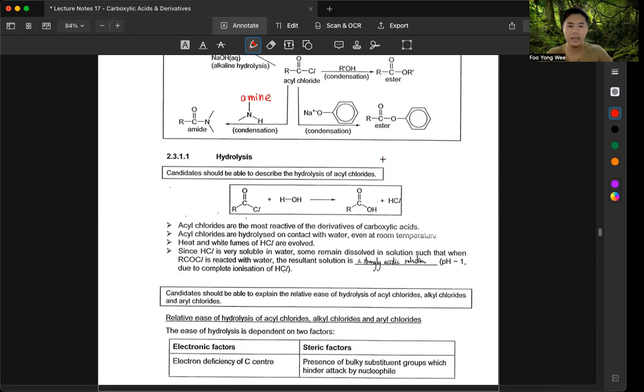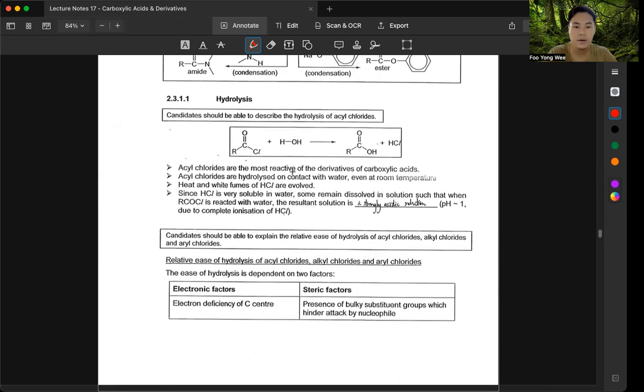Now, let's examine closely the reactions of hydrolysis. Acyl chlorides are the most reactive among the derivatives because of the Cl. So the acyl chlorides are hydrolyzed upon contact with water, even at room temperature. The products will be white fumes of HCl and a lot of heat released, so it is exothermic, because very reactive reactions are normally exothermic.